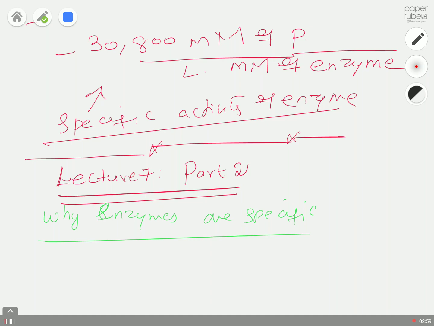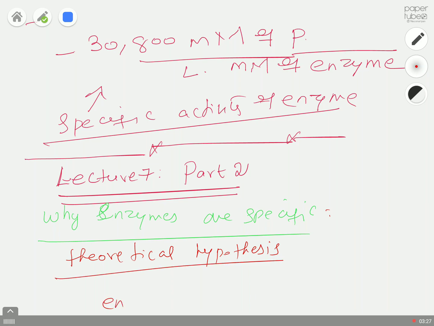I will upload the PowerPoint for the previous lecture and for this lecture. There I pasted a few images of enzymes. You can have a look at how enzymes look at the molecular level. So why are enzymes so specific? We are going to see a few theoretical hypotheses to explain why enzymes are so specific and why they target only particular molecules.